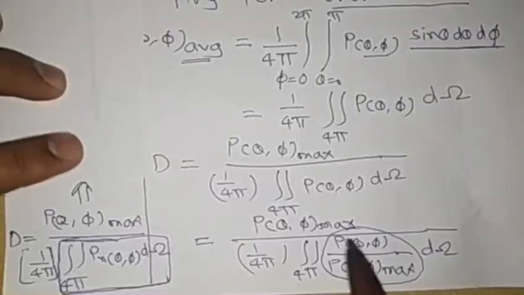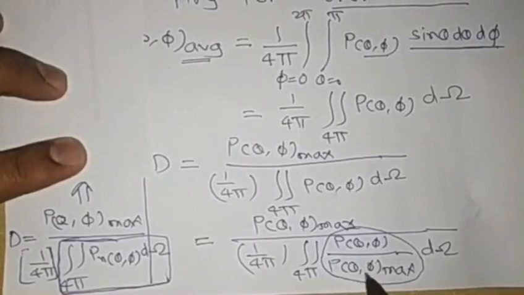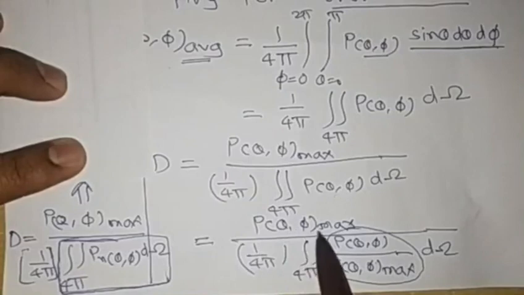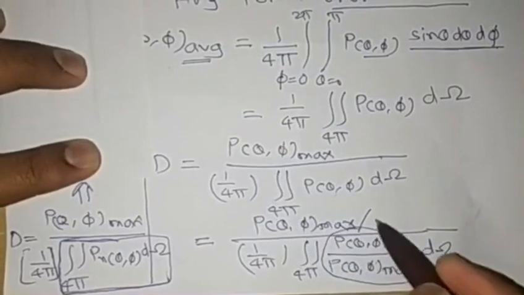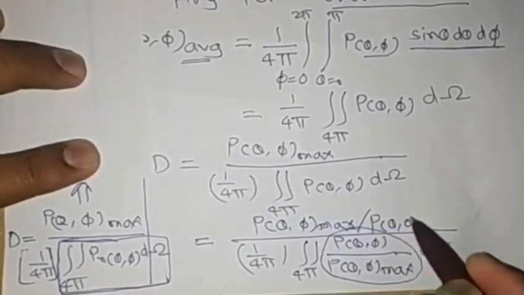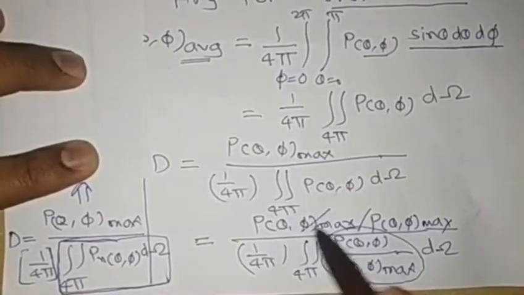So when we have defined this term P of theta comma phi divided by P of theta comma phi max, we have divided by P of theta comma phi max in the numerator also. So it is P of theta comma phi max divided by P of theta comma phi max. I missed this step in the previous explanation. So these two terms get cancelled.